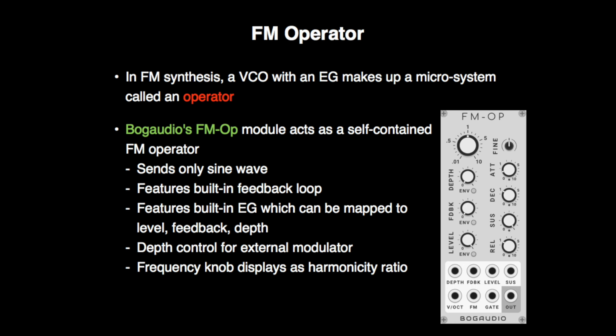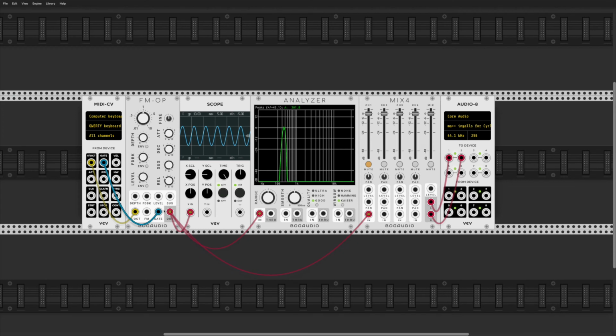And to make this idea of working with different FM operators easier, Bog Audio has this great FM op module, which is a small module that acts as a self-contained FM operator. So it's got one output. It's only sending sine waves because, as I said, in FM, we very often are only working with sine waves since that generates a lot of sidebands, all the sidebands we need. It features a built-in feedback loop.